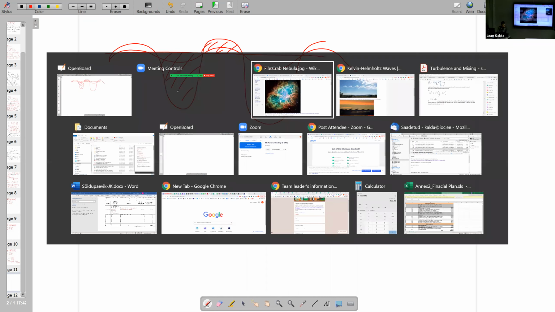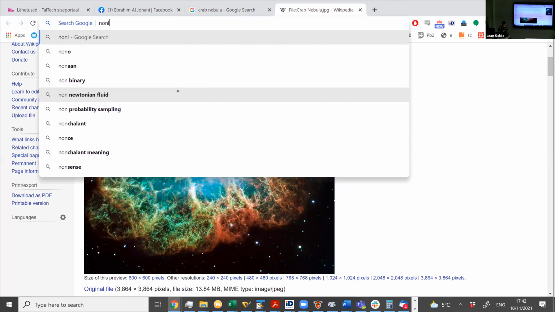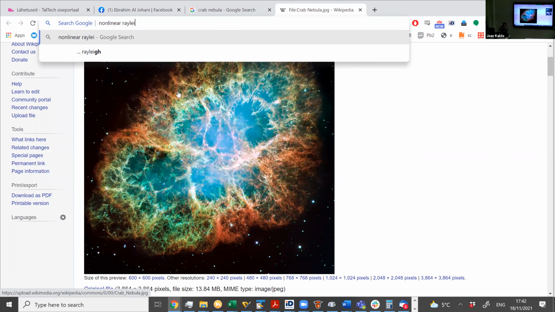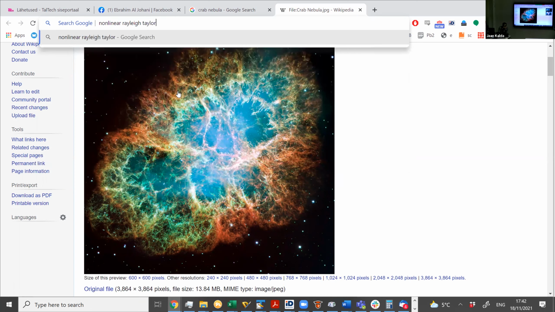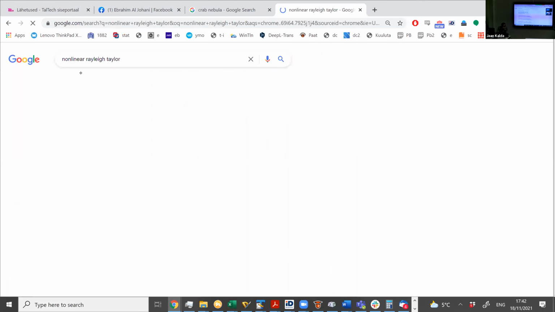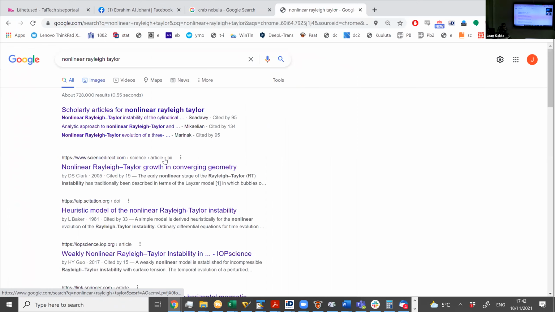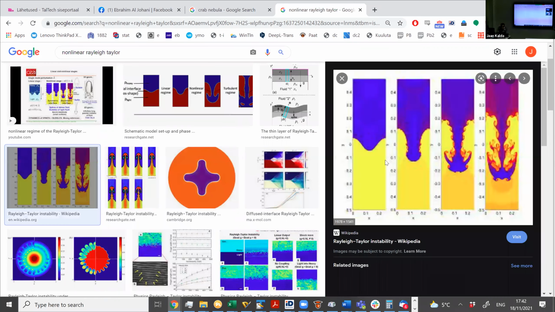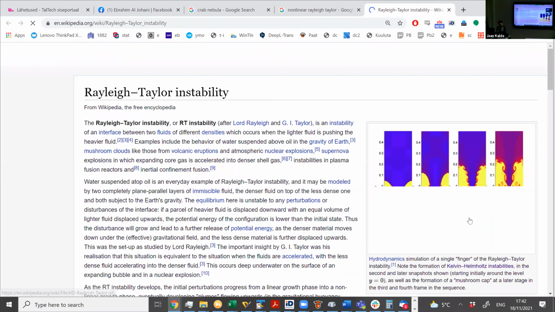And we can also Google maybe some photos of nonlinear Rayleigh-Taylor. Yeah, a lot of nice pictures. Maybe here. Yeah, it's just a Wikipedia article over here.